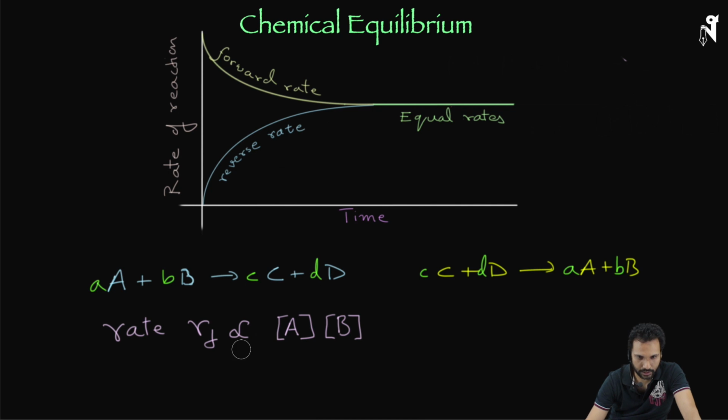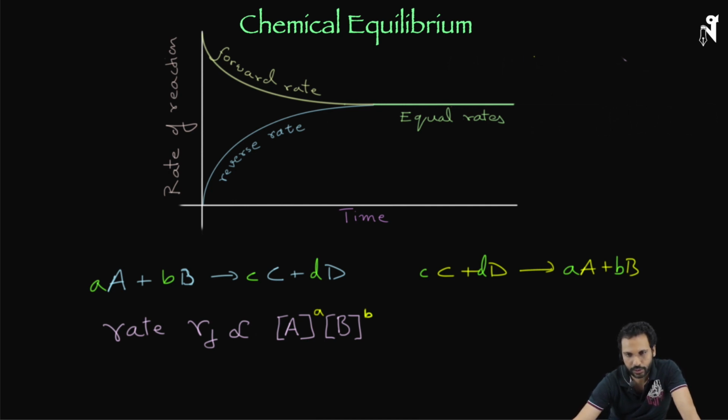The rate of the reaction is given by the concentration of A power a and the concentration of B power b. In fact, if I have to go by the rate law itself, then I should be writing the activity over here.